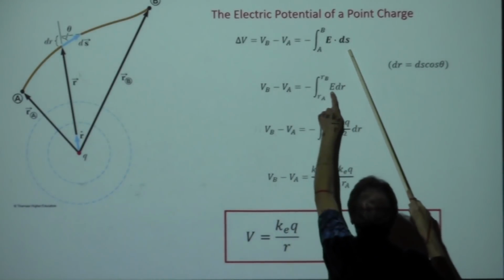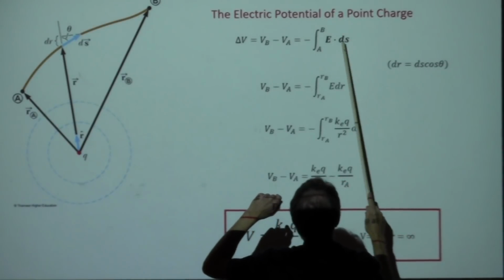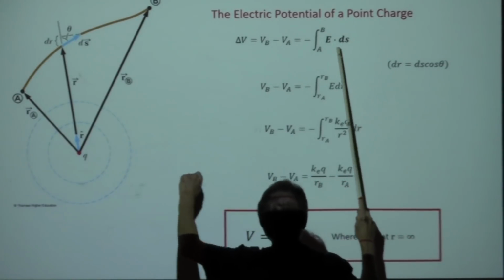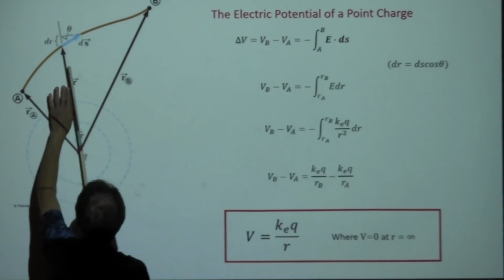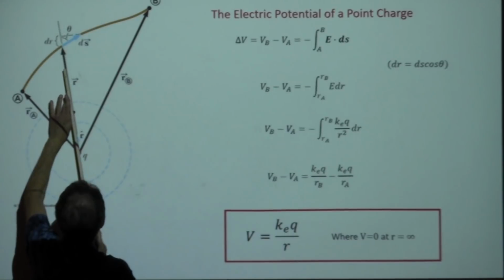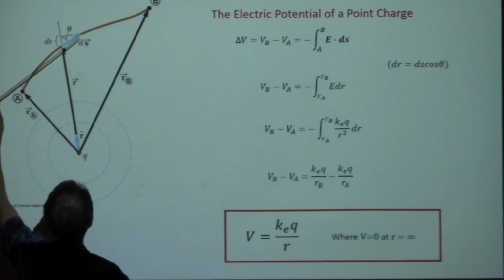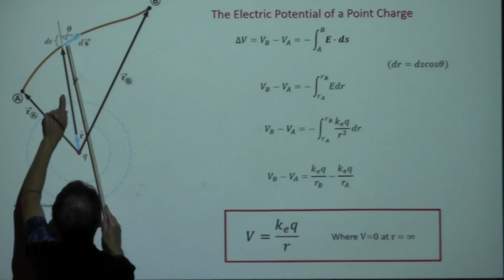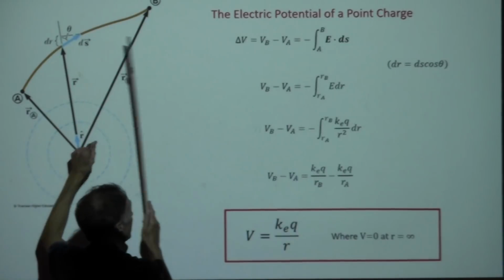Now, we can simplify this by saying that E, the electric field, would be pointing out this direction. If we want to dot it with ds in that direction, we take the product of the two times the cosine of theta.